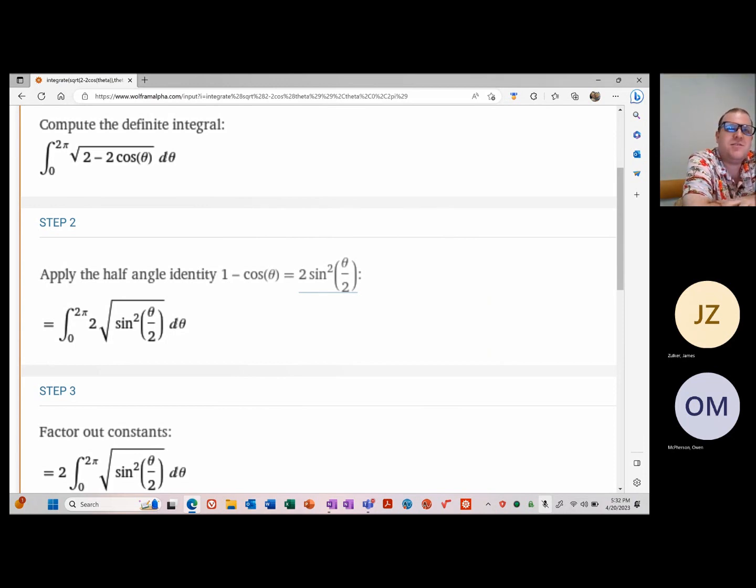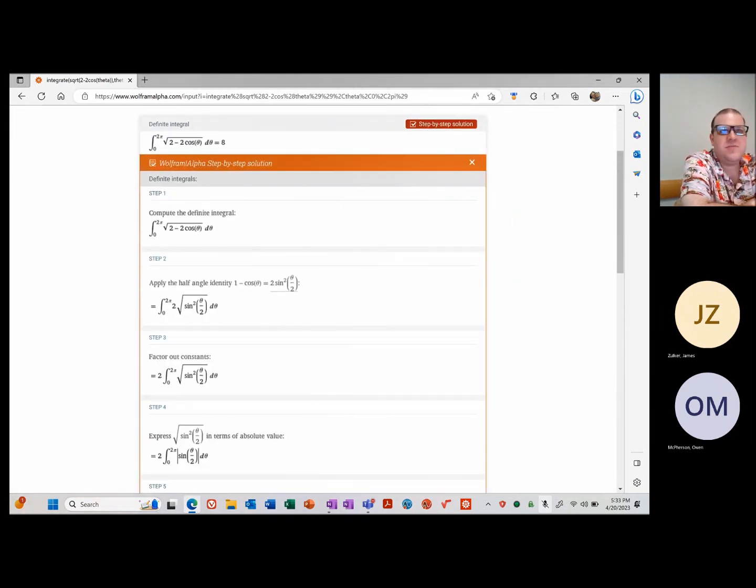And then square it. So 1 minus cosine would be 2 sine squared of theta over 2. And so we just factor out a 2 first, apply the identity, and then from there it's a simple matter to find the analytic solution. The answer is 8.